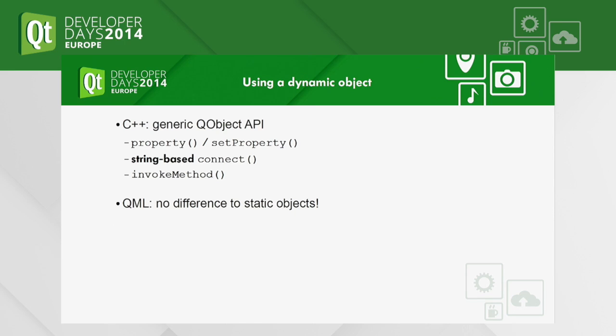But if we expose this to QML, you don't see any difference, because this is all string-based anyway, right? The whole script is a string that is evaluated at runtime. And that's where the real power of this is, right?